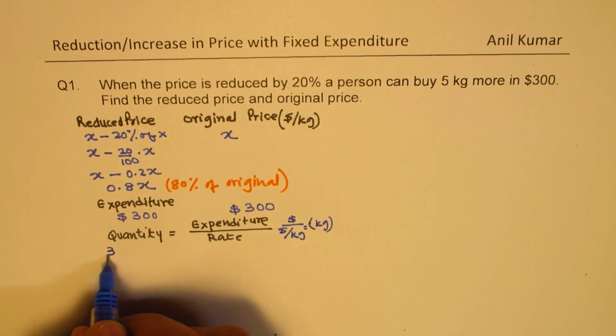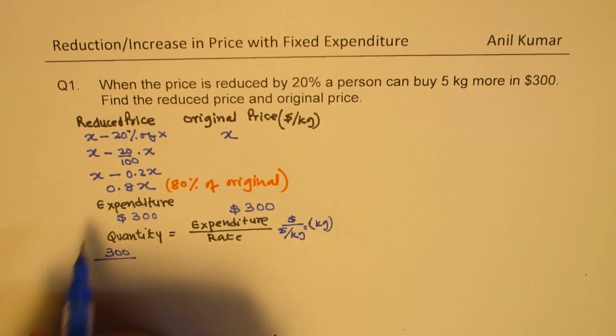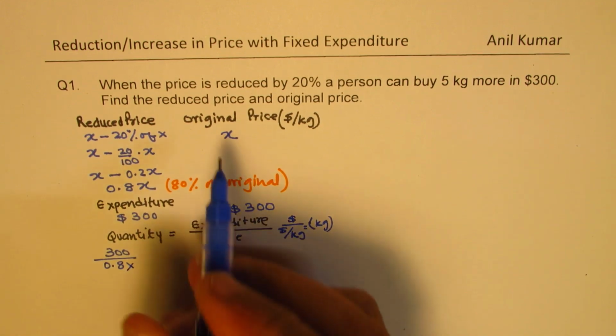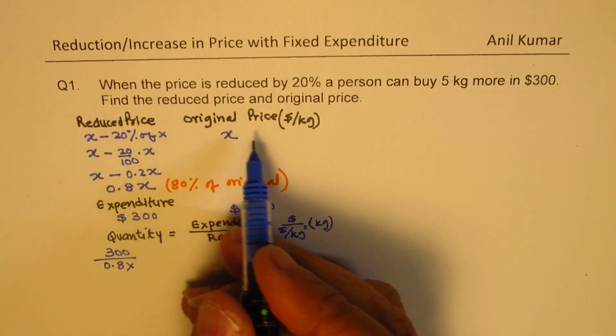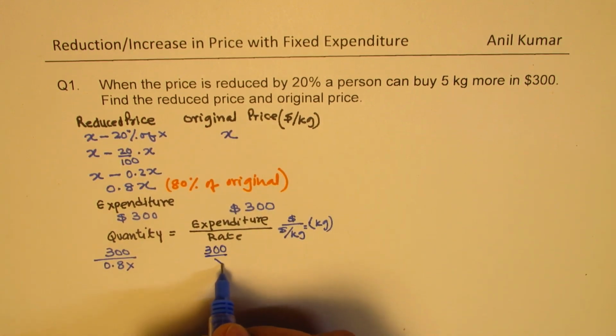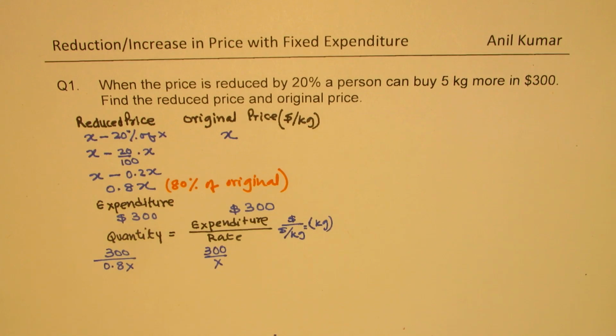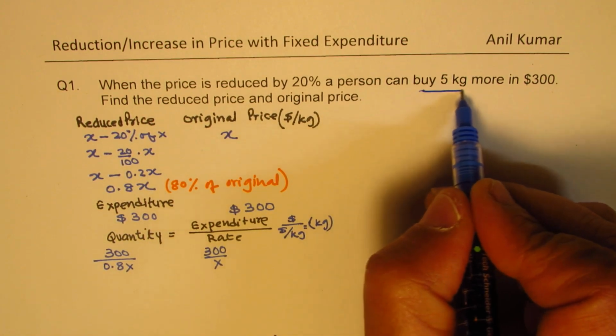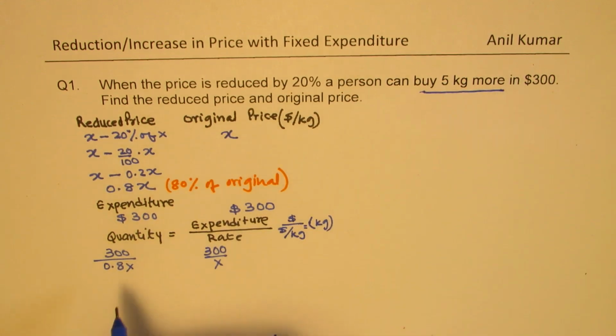Now, what is the quantity for buying at the reduced price? It will be 300 divided by the rate, which is 0.8x. If you buy originally, it was 300 over x, right? So that was the quantity. Now we are given that you can buy 5 kg more. Of course, when it is cheaper, you can buy more.